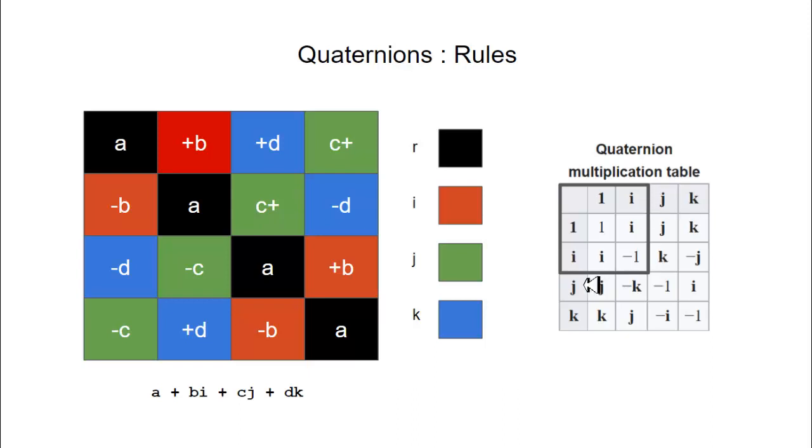So I times j is not equal to j times I, and j times k is equal to I, and k times j is equal to minus I. So it's only when you expand beyond the 2x2 complex numbers that you lose some of the rules, i.e. the commutativity of the number system.